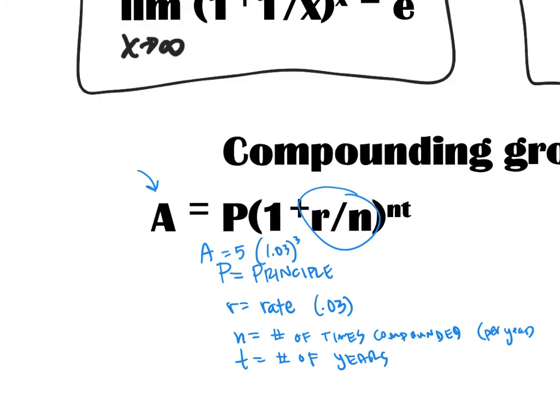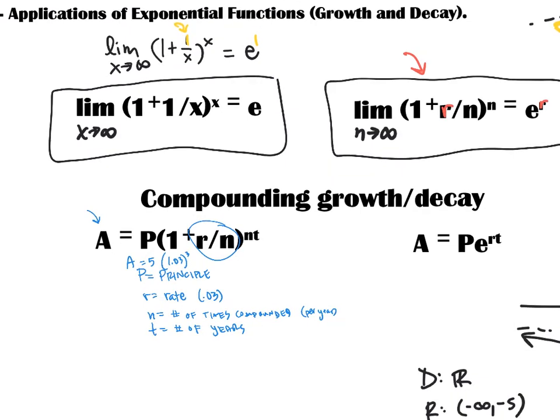So why is this important? What we just talked about is important because you can see that I get 1 plus r over n to the nth power right here. And what happens is, when the number of times we compound the investment or the population with growth or decay increases to an unknown value, for example, population, we can't say only population increasing quarterly, you can only have a baby on March 1st and June 1st and whatever.